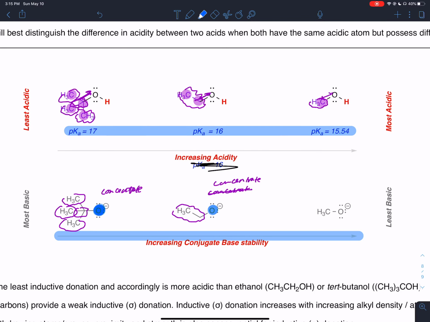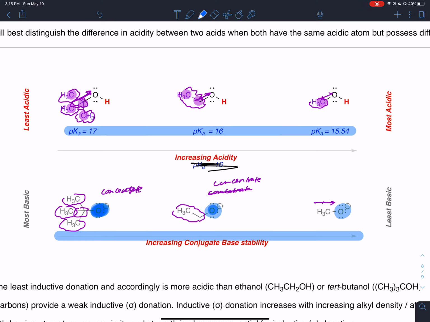So let's even use the darkness of the blue to represent how concentrated the negative charge is. In this structure, we have a concentrated negative. Here, it's less concentrated. And in the far right structure, there's only one alkyl group acting to inductively donate. So there is less concentration of the negative on the oxygen. Okay? That is essentially what you're looking at.